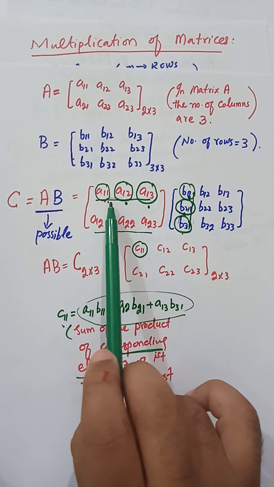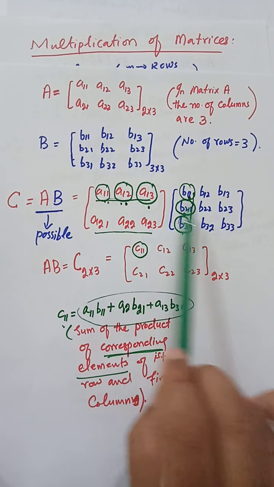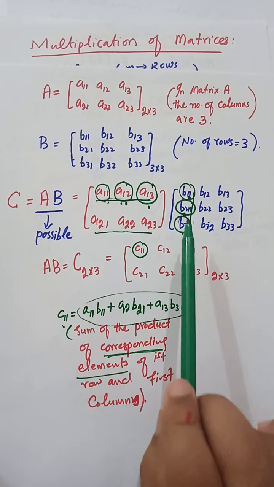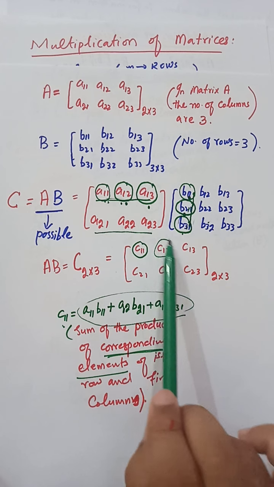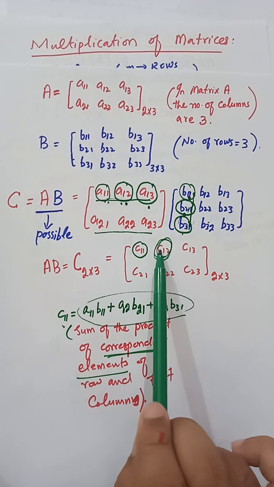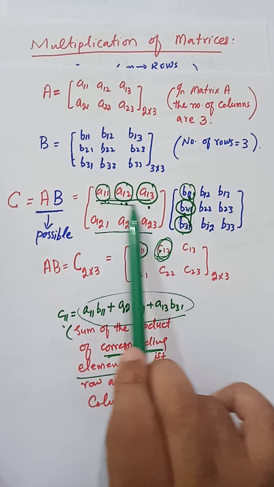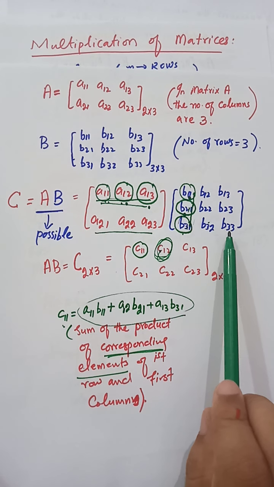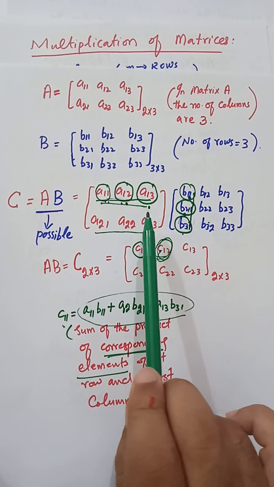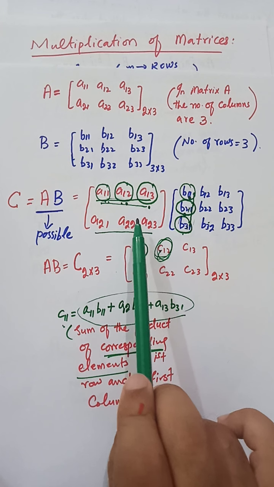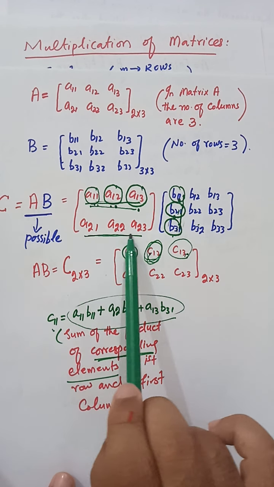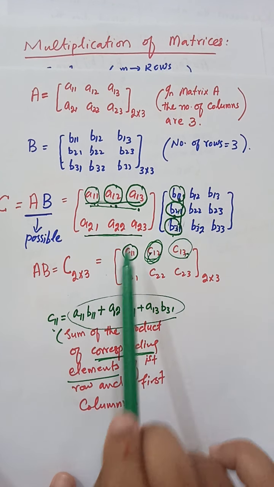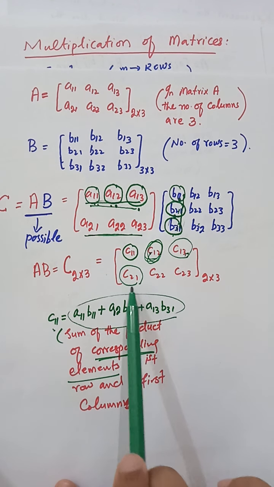Then if you are multiplying the first row with second column, from that you get the element of the first row and second column. When you are multiplying the first row with third column, you will get the element of the first row and third column. If you are multiplying the second row with first column, you will get the element of the second row and first column.